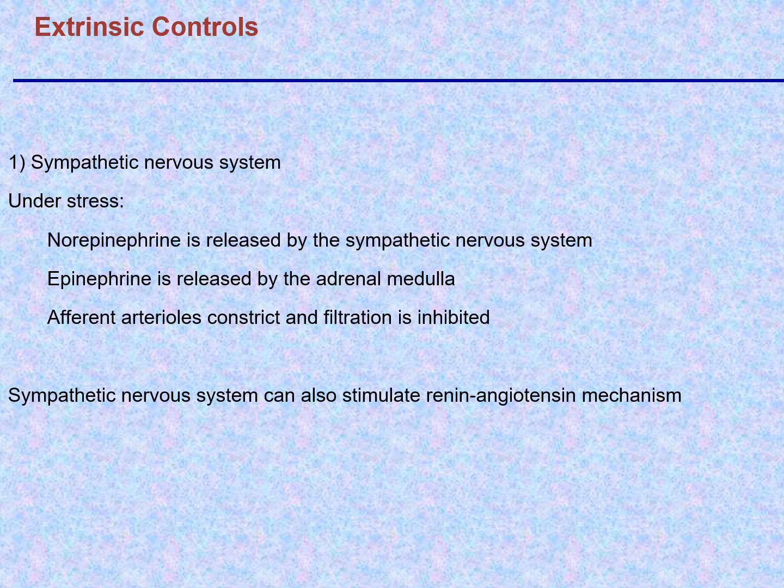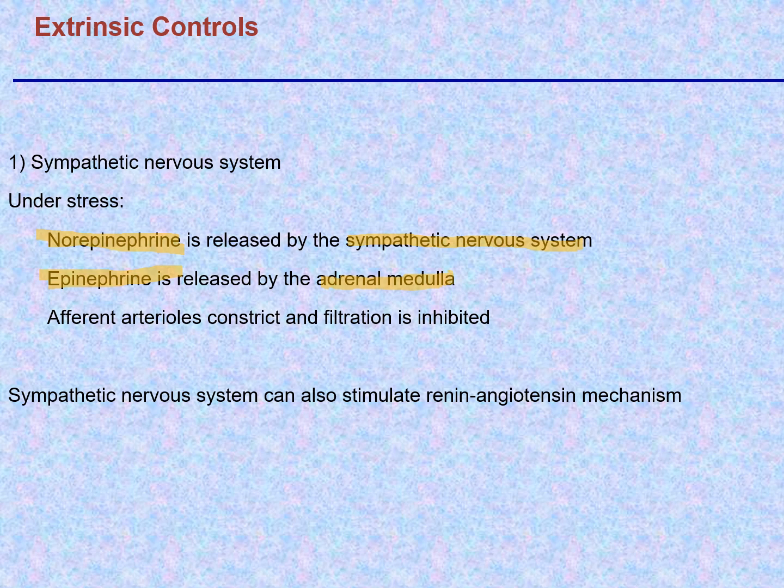However, under stress, with an increase in sympathetic output, the neurotransmitter norepinephrine is released by the sympathetic nervous system, and epinephrine is released by the adrenal glands, specifically the adrenal medulla.